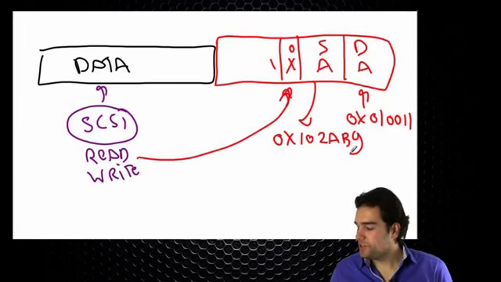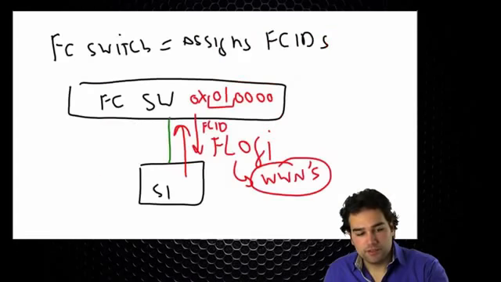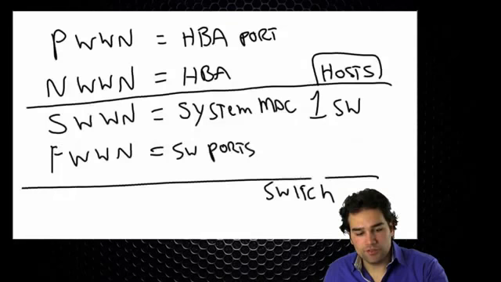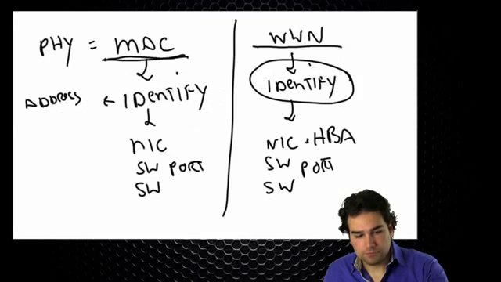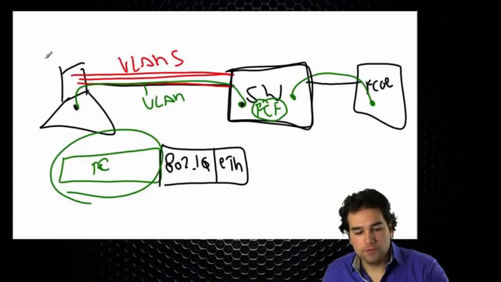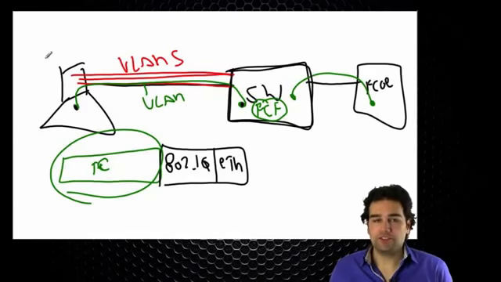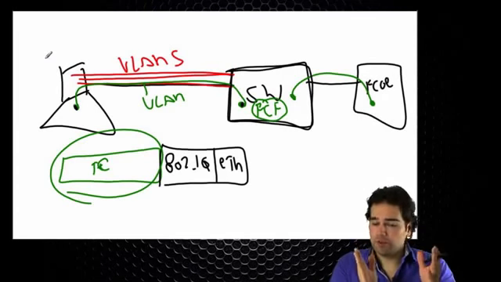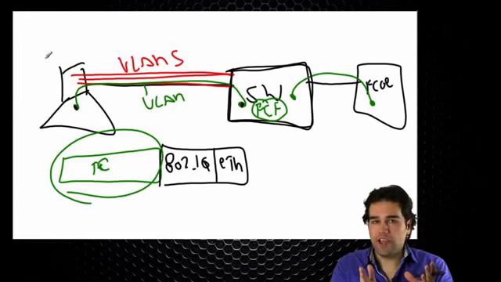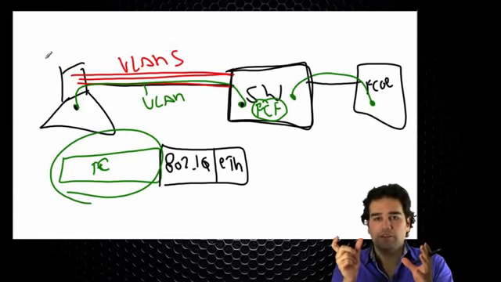The question: FCoE is a combination of FC and Ethernet. Exactly, just what I touched on briefly. FCoE is just a tunneling mechanism for Fibre Channel frames, the full Fibre Channel frame with all the headers and addresses in place, and I add an Ethernet header to that.